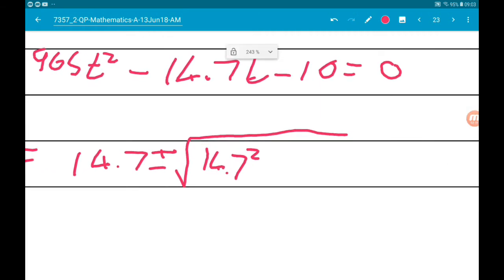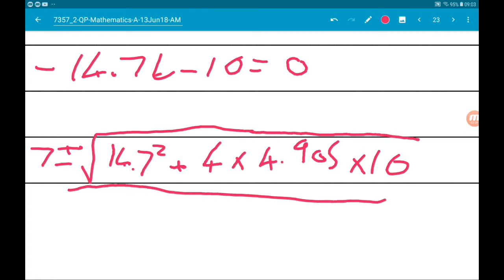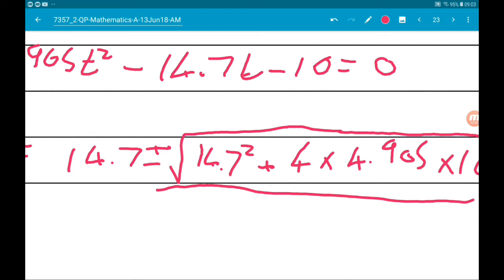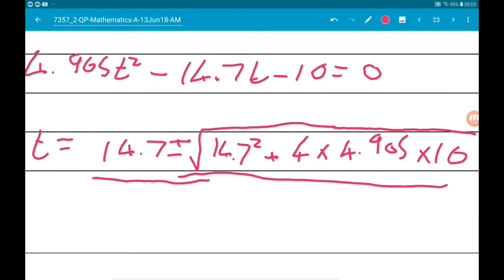So that's going to be add 4 times 4.905 times 10, all over 2 times 4.905.